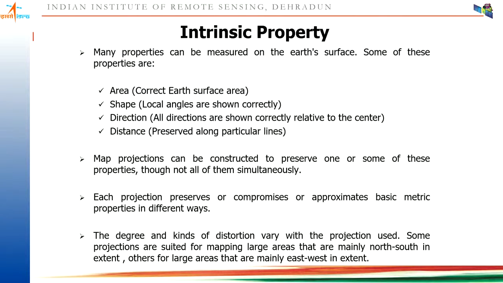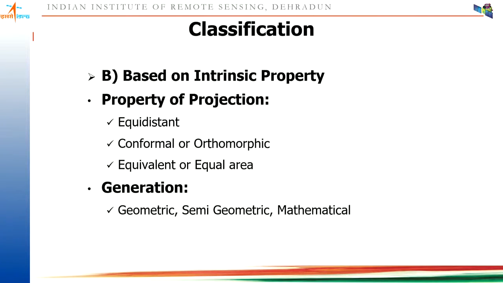The distortion for a particular area may be more in one projection, but the other may not have it. If a particular part is not of use to us, we can avoid it. We will take an example, then we will clarify this.